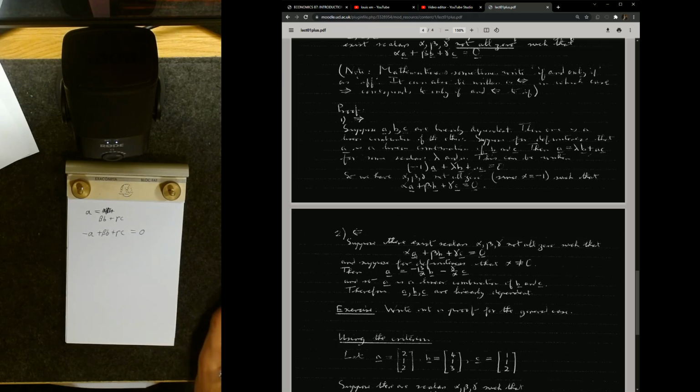So we've got alpha A plus beta B plus gamma C equals 0, essentially. And suppose that alpha does not equal 0.